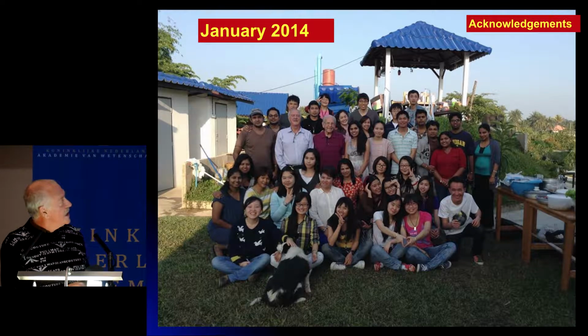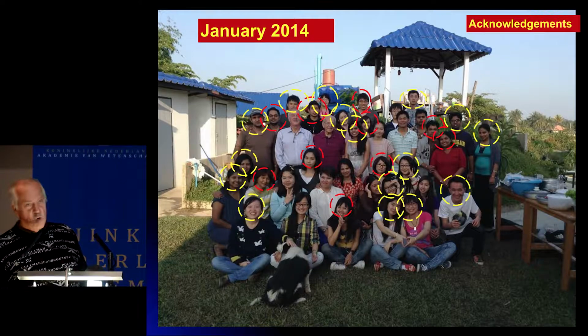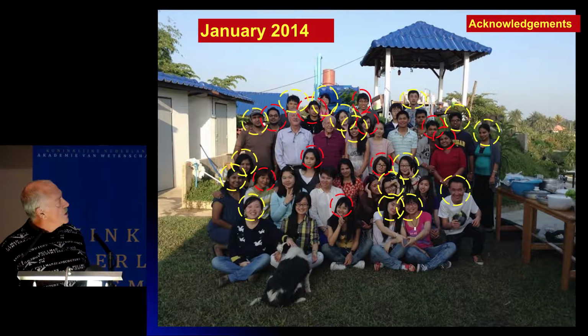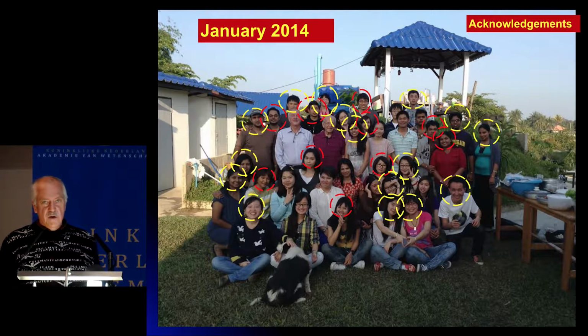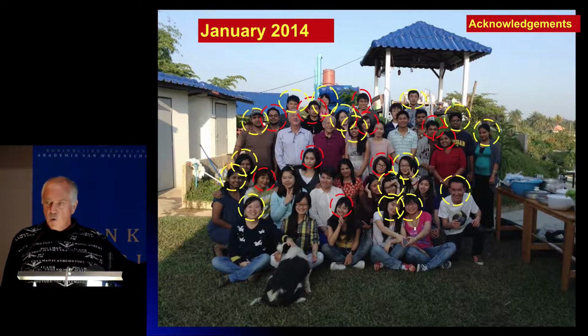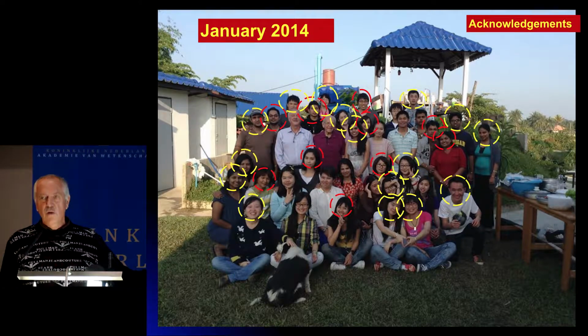The point of this slide is 40 students, 30 of them are working on ascomycete systematics. The ones in red have all either graduated or are about to graduate. And in this part of the world, they all get jobs, and they all go on to careers in ascomycete systematics.